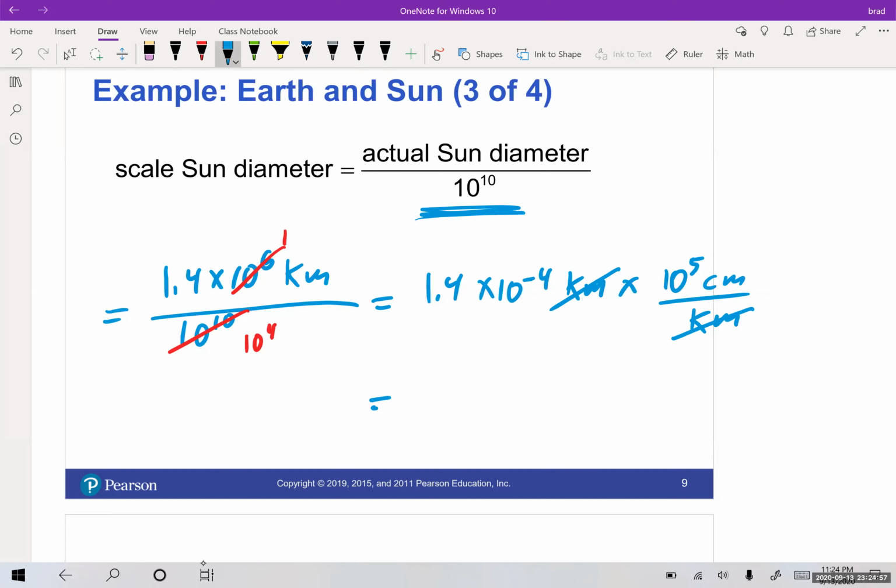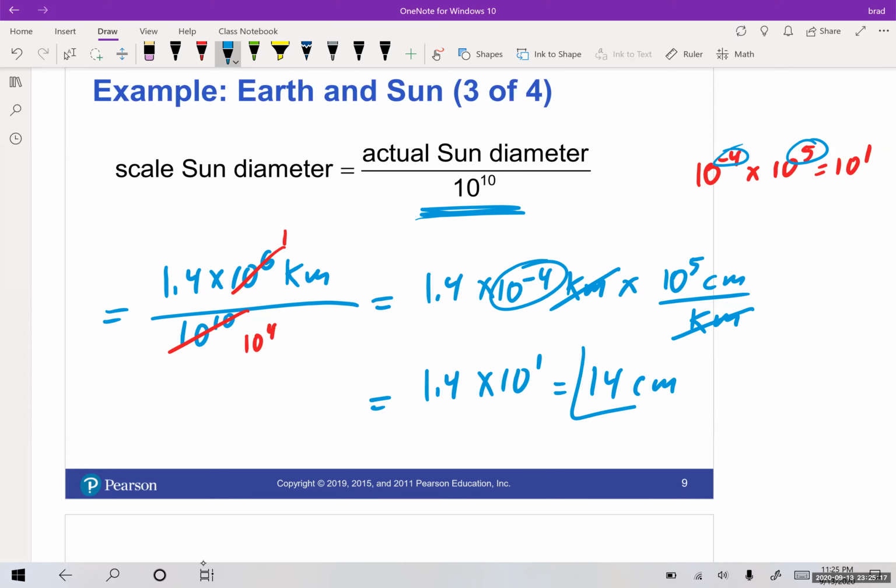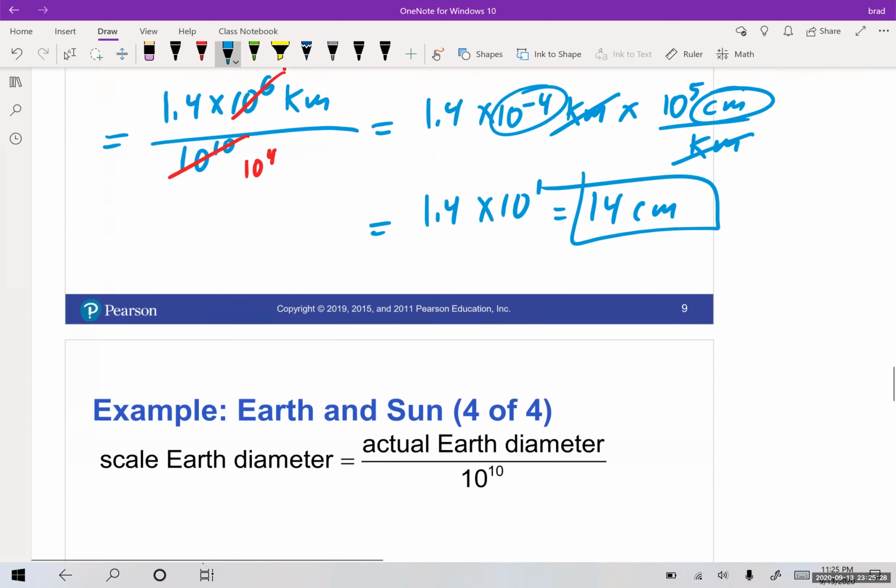So this would become 1.4 times 10 to the negative 4. Let me show you the scratch work. 10 to the negative 4 times 10 to the 5th becomes 10 to the 1, because remember, you add powers. And this becomes 10 to the 1, which is just 14 centimeters, because that's what's left standing. So the scale of the sun's diameter would be 14 centimeters using the 1 to 10 billion scale.